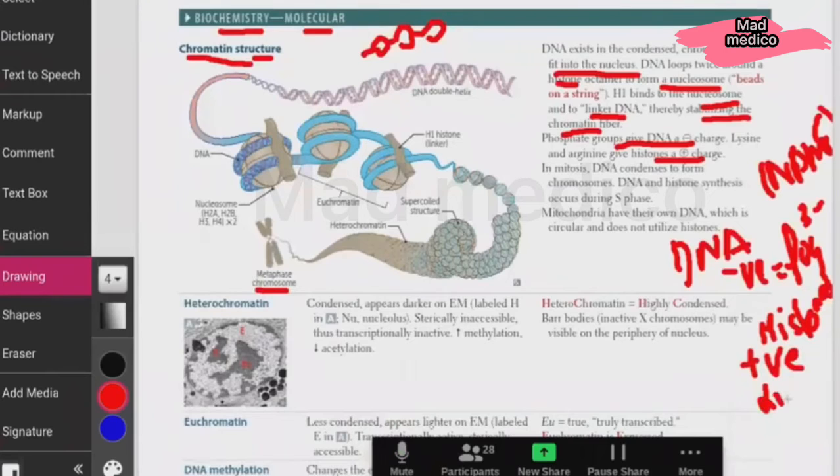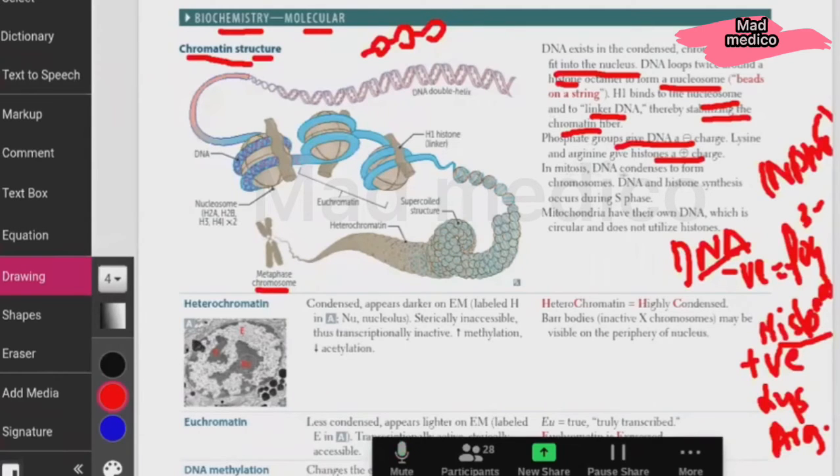Lysine and arginine. Write this down in your book. These are NBME questions. Lysine and arginine are amino acids that have a positive charge, and the DNA is given a negative charge by the phosphate, and that's that.